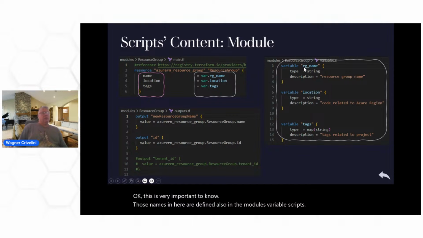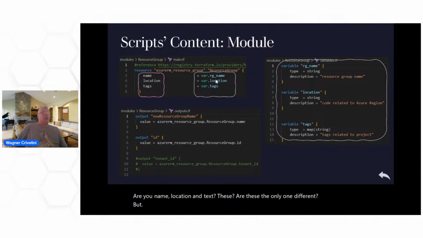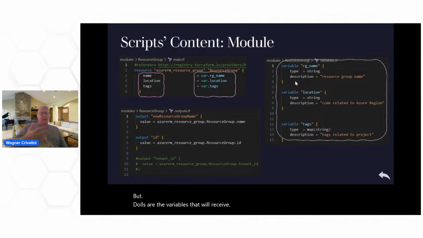RG name, location, and tags are the only ones that are different, but those are the variables that will receive the values I'm passing to the module. This is an important thing to keep in mind.